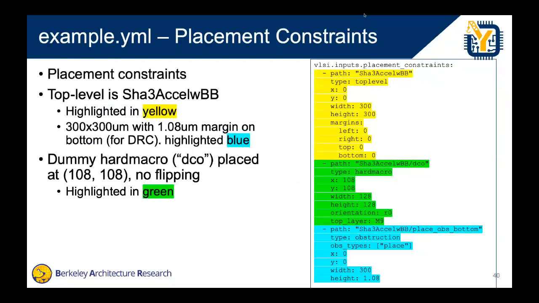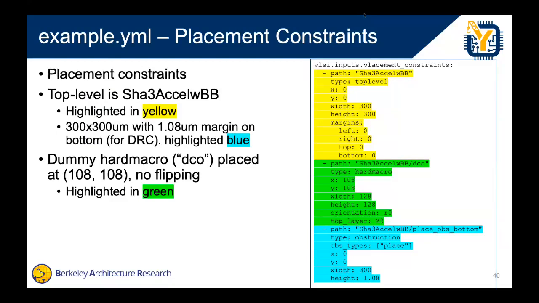Looking at a little bit of a floorplan. This is our low-level floorplan API, which is just Hammer IR. In yellow is the top level of the design. This is a whole SHA-3 accelerator with that DCO black box, just 300 by 300 with no margin on the outside. So this is something that's designed to be integrated as a subcomponent.